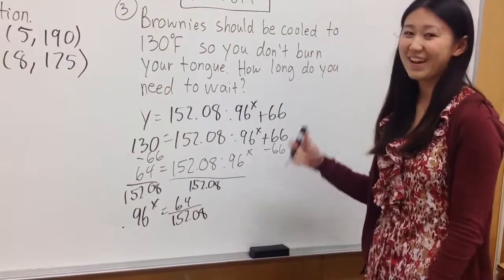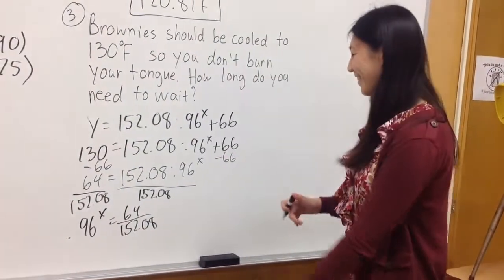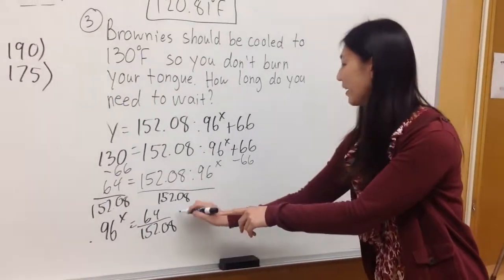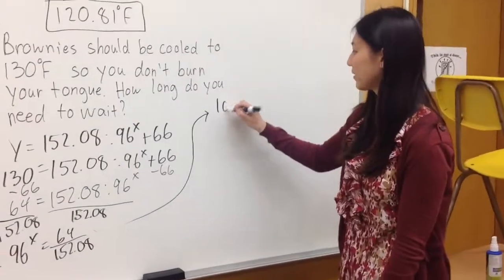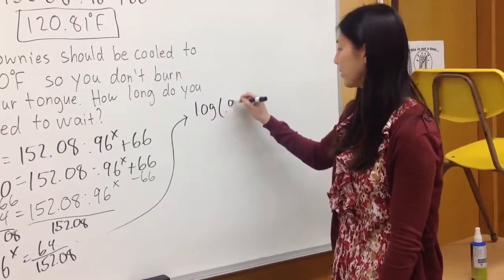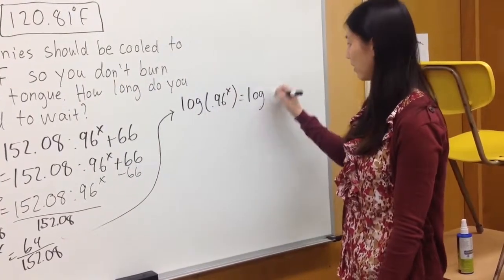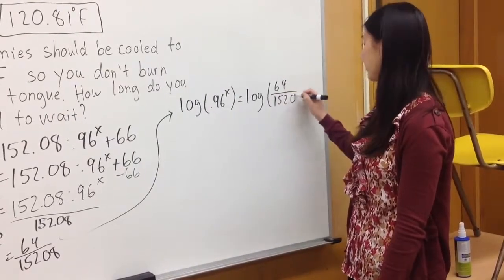Now the question is, how do you get an exponent out of a tree? You hit it with a log. So now we're going to take the log of both sides here. I'm kind of running out of room, so I'm going to write it up here. It's going to look like log of 0.96 to the x power is equal to log of 64 over 152.08.